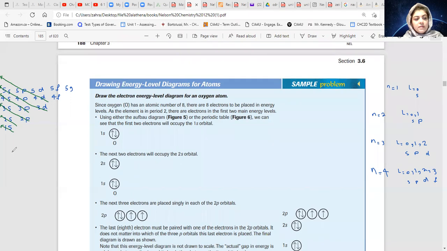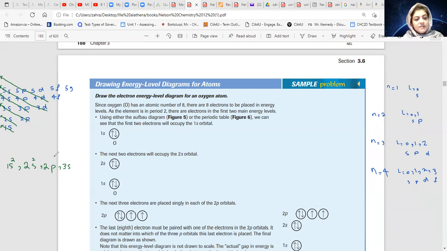If I want to do that, so the first one is 1s. Then it goes to the 2s. See, 1s, 2s, and then 2p, 3s. Then 3s. And then it goes through 3p, 4s. Let me just see if it's enough or not. So for s, we have maximum 2 electrons.